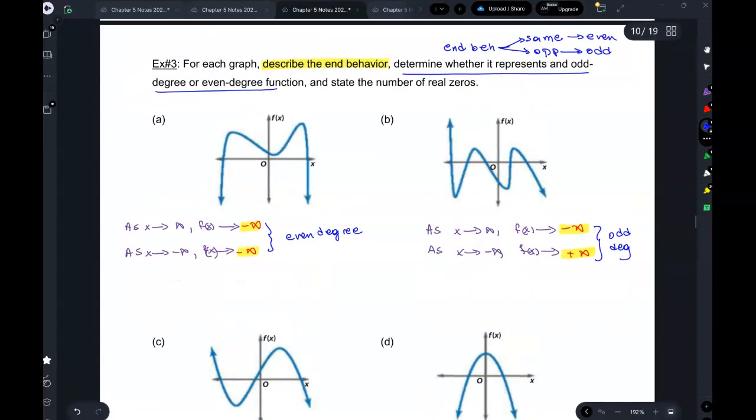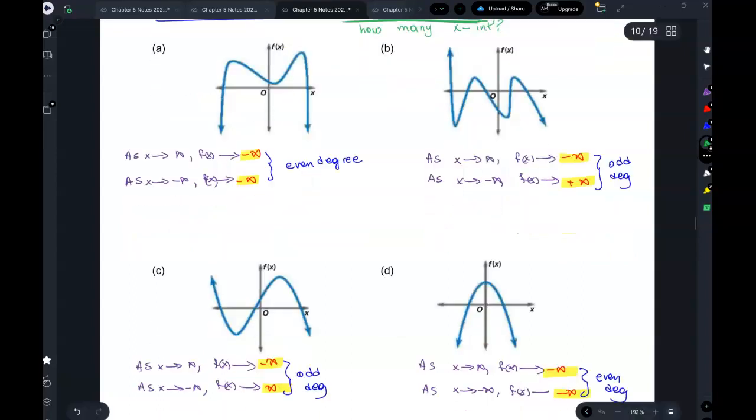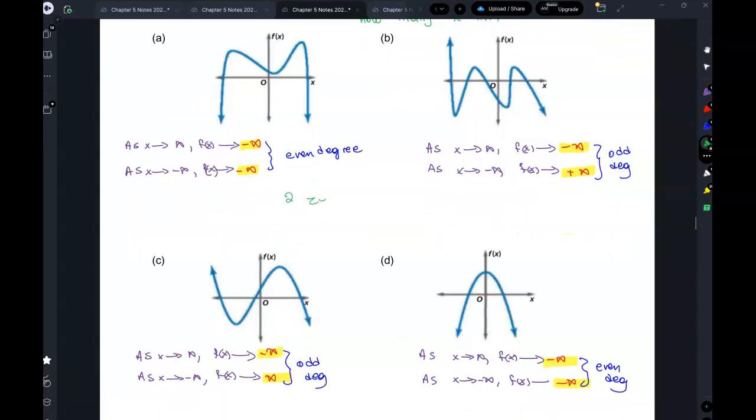Okay? What's the next part of this question? State the number of real zeros. That means how many x-intercepts. How many times does it cross the x-axis? 2. 2 zeros. 2 real zeros.